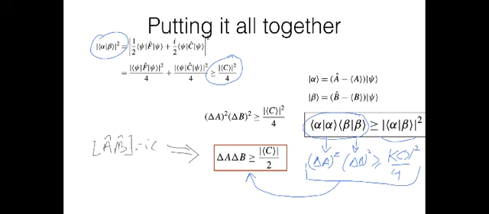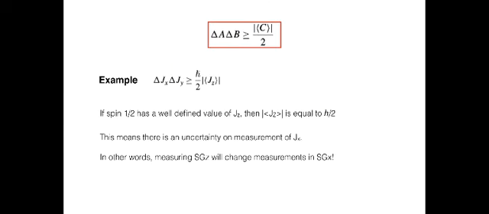Of course, this is calculated for a given state. We have used psi in our case. So this is the important result we have. In fact, this is the usual result that people show everywhere when they talk about Heisenberg uncertainty. We're going to see a couple of examples of that now.